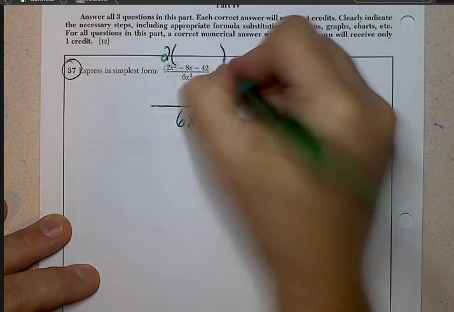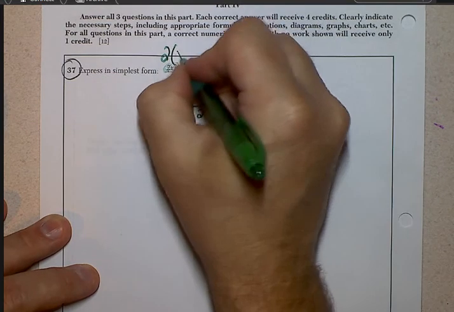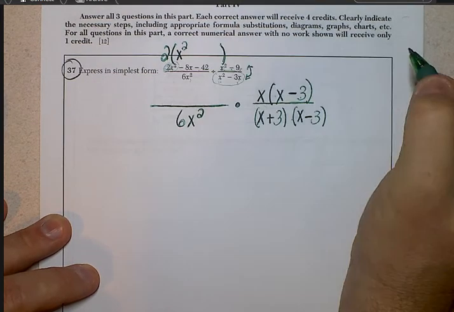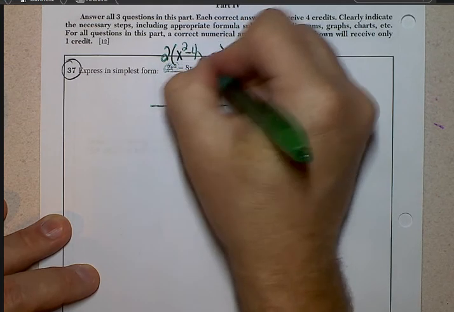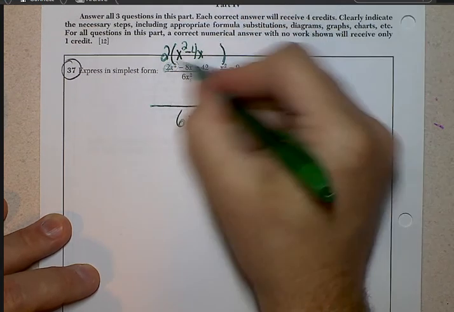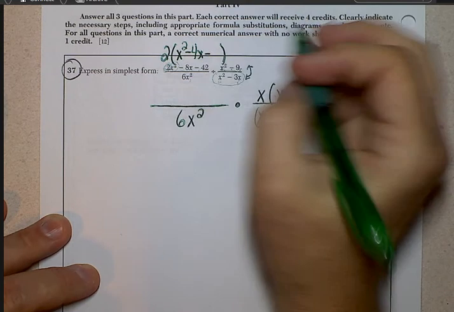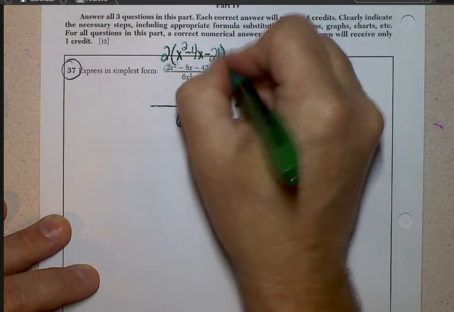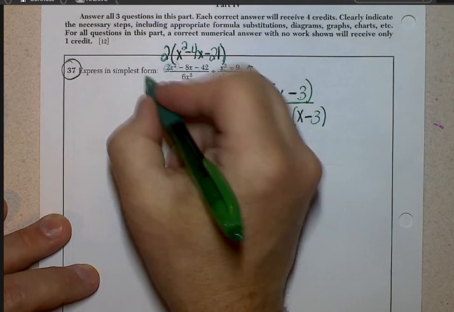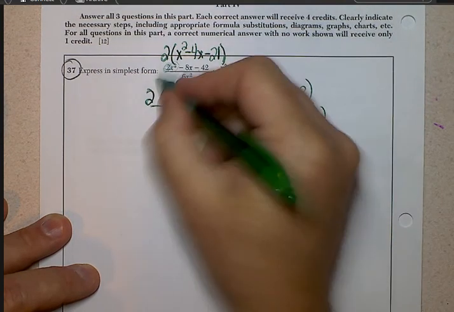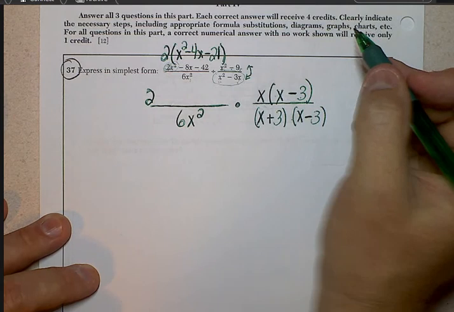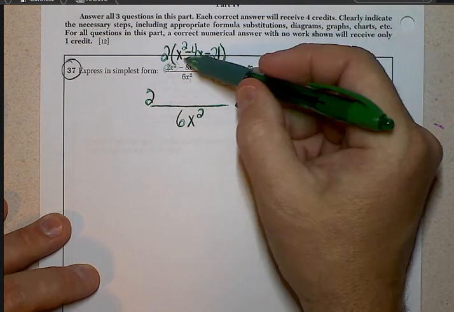What's left is going to be 2 times what is 2x squared, that's x squared. 2 times what's a negative 8x, that's minus 4x. And then 2 times what is a negative 42, that's going to be a negative 21. All right, I'm going to bring the 2 down because that's going to be part of the answer. That I'm then going to have to try to cancel things out. But now I have x squared minus 4x minus 21.